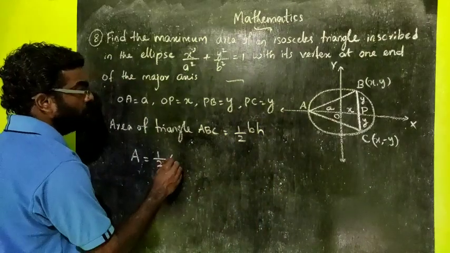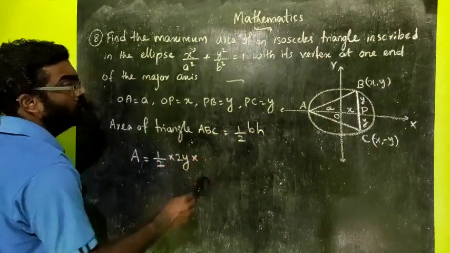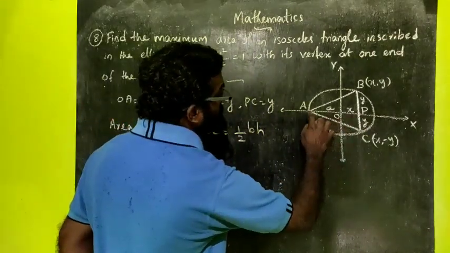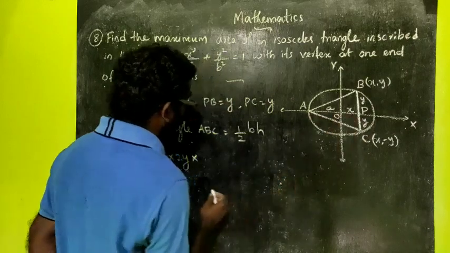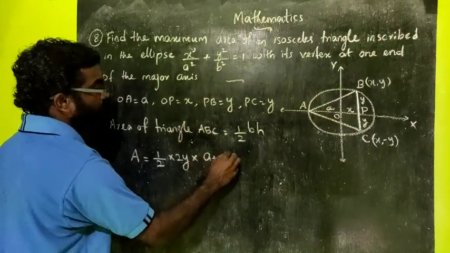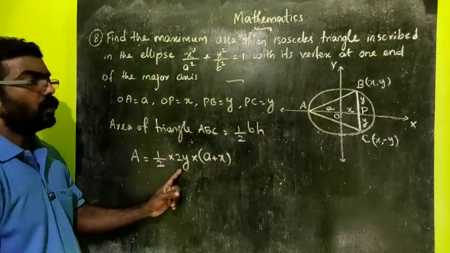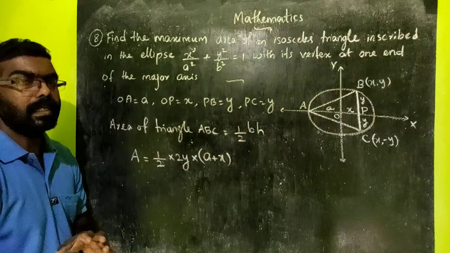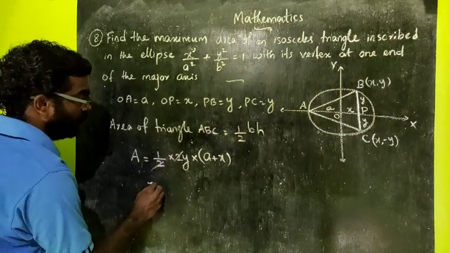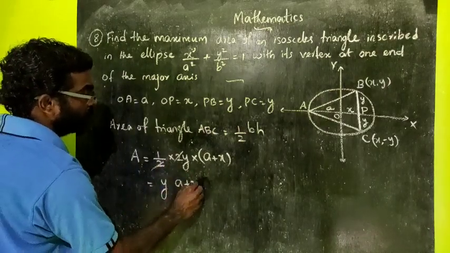BC is Y plus Y, that is 2Y into height. The corresponding height is AP and it is A plus X. Okay, area is equal to 1 by 2 into 2y into A plus X, half BH. 2 and 2 we can cancel, y into A plus X.